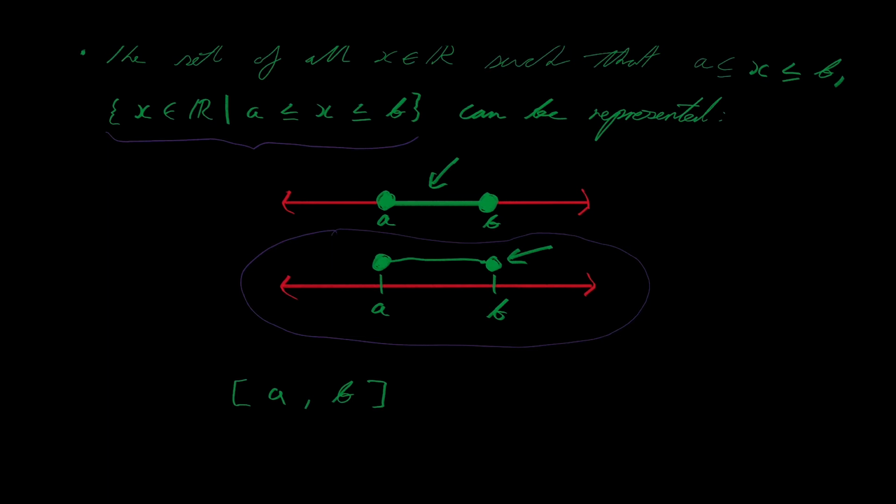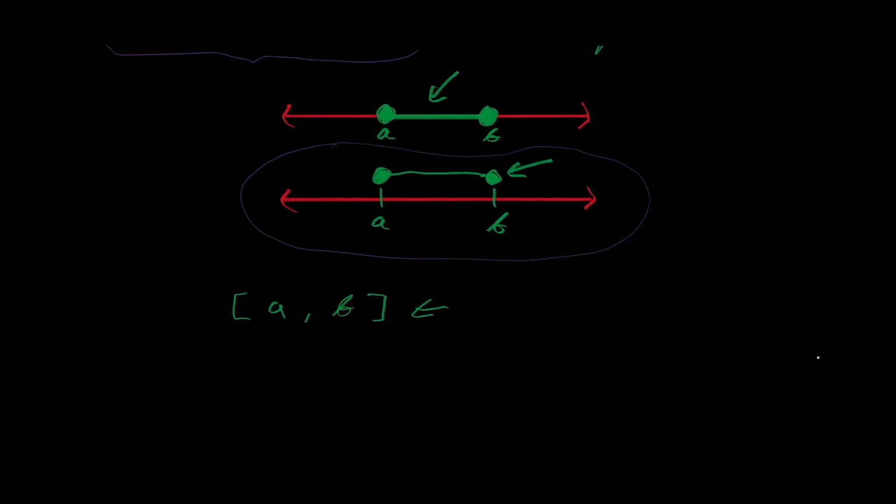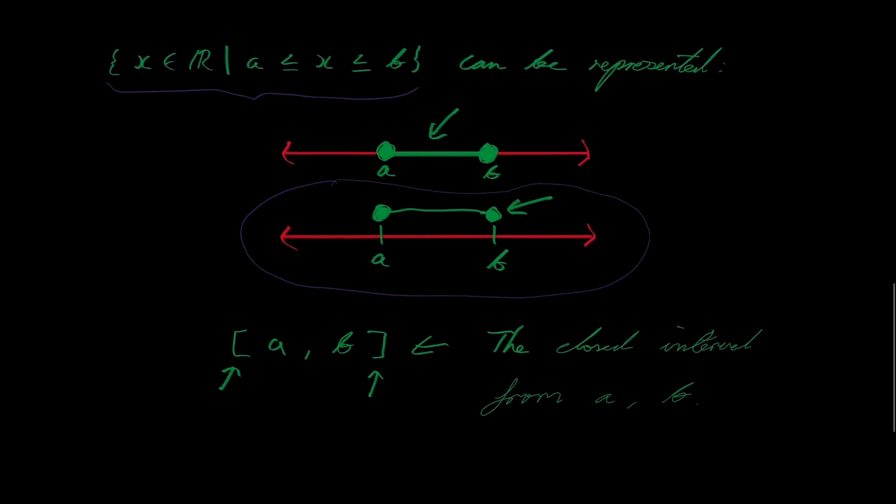Okay, so this is the closed interval from A to B. This here, that's the closed interval of consecutive real numbers from A to B. And that it's closed is indicated by these rectangular looking brackets, these square looking brackets on either side.